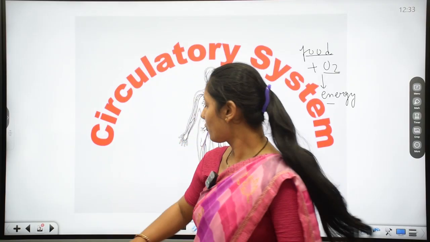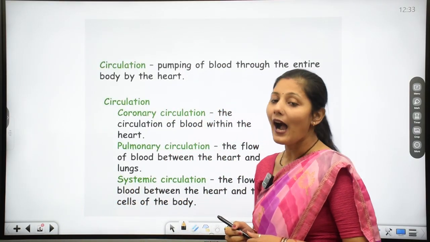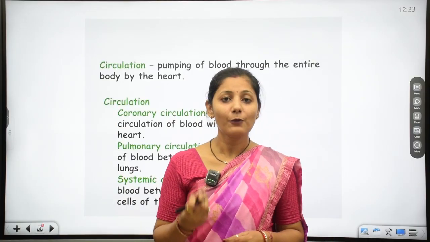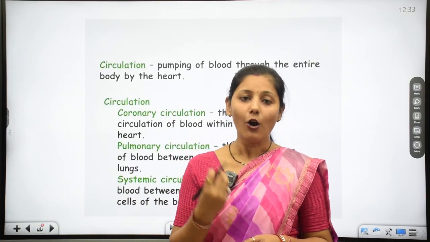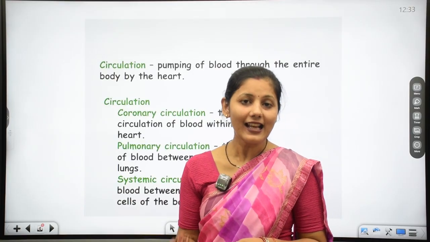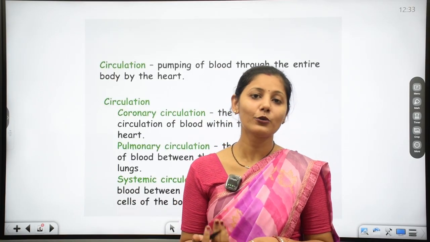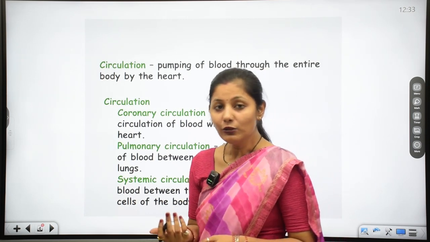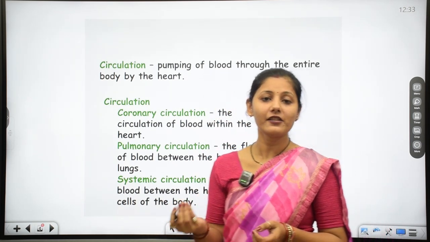So what do you understand by circulatory system? It is a system which is responsible for circulating, the transportation of oxygen and nutrients, as well as removing waste material like carbon dioxide from your body. Humans have a closed vascular system or circulatory system.